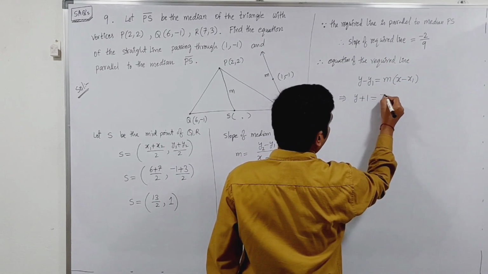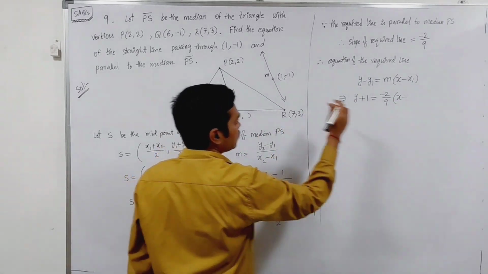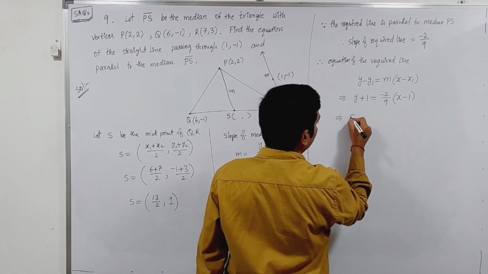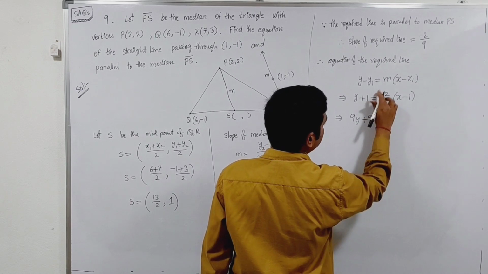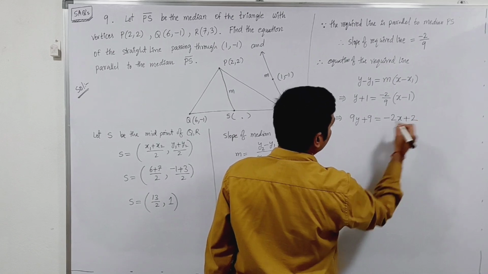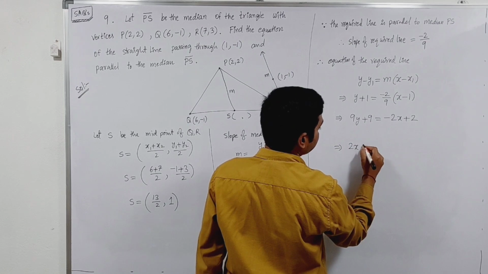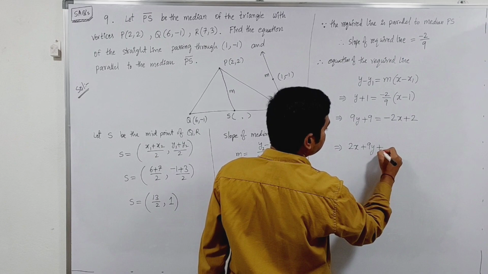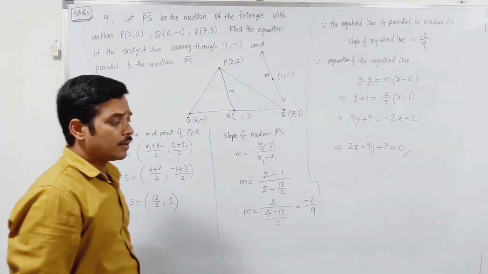Slope m is equal to minus 2 by 9 into (x minus x1), which is plus 1. From this equation, 9y plus 9 is equal to minus 2x, minus into minus is plus 2. Now take these terms to the left side: 2x plus 9y, here plus 9 minus 2 means plus 7, equal to 0. This is the equation of the required line.